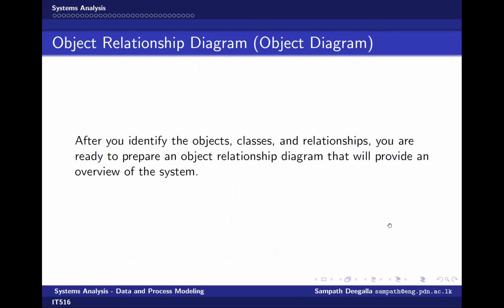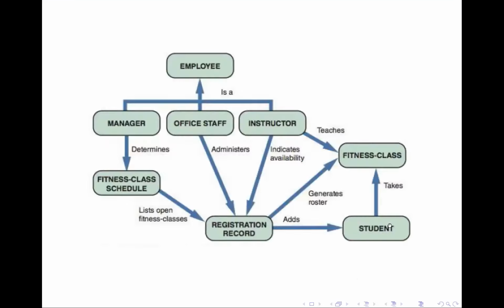So these are the two ideas that we have discussed so far, polymorphism and inheritance. Now, once you identify objects, classes and their relationships, we will create what we call an object relationship diagram. That can provide an overview of the system.